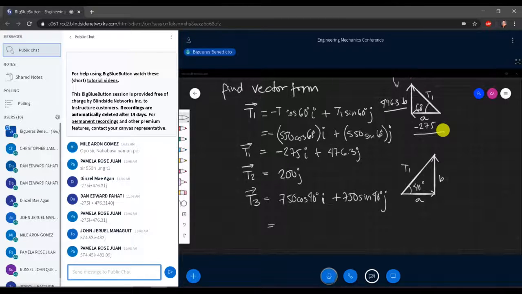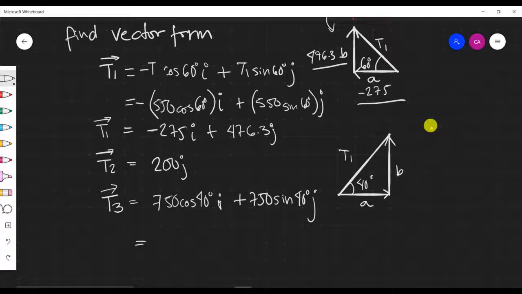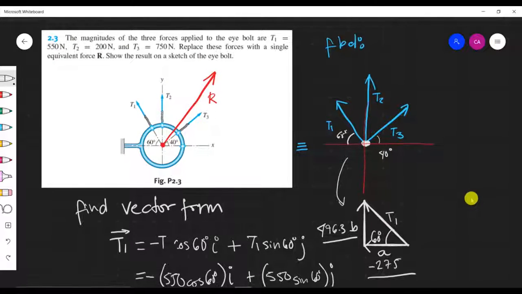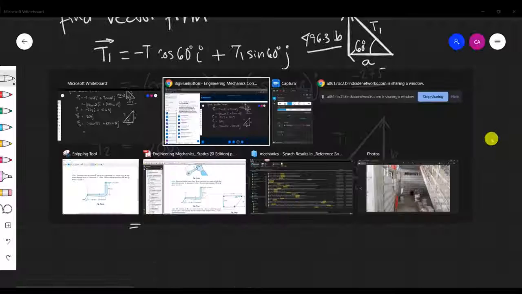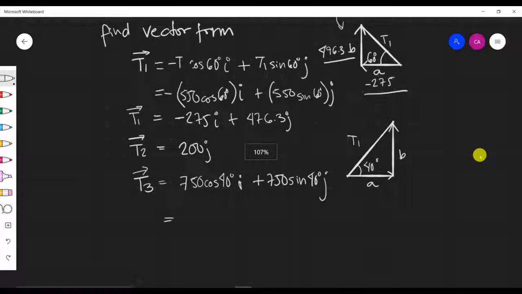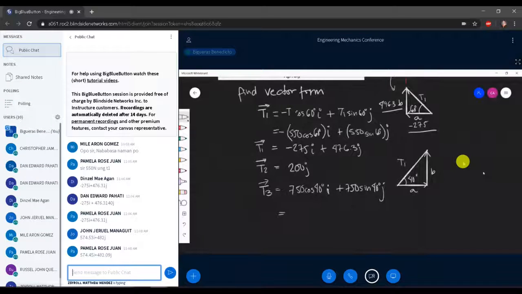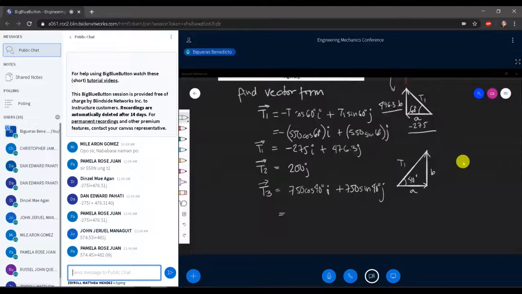What is the correct? Yung 45 yung decimal o yung 53? Kailangan ko ng pangatlong sagot. Check natin kung 750 talaga, no? Ayun, 750 nga. Ano ang tama? Magkaiba sila ng decimal.